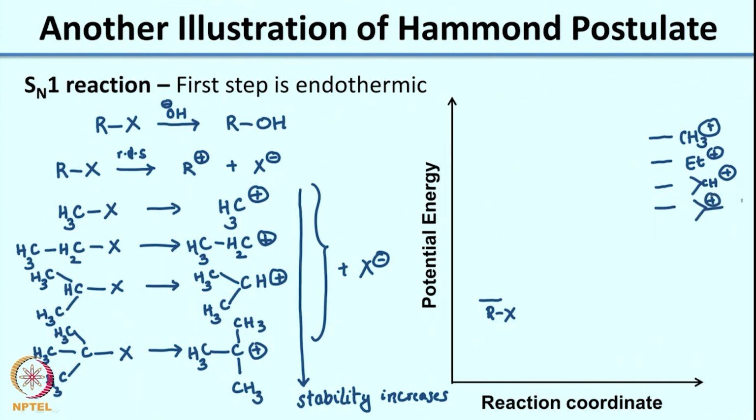So, as the energy of each of these is decreasing, the extent to which the reaction is endothermic is also decreasing, because your reactant energies do not vary as much between all of these alkyl halides. So, in one case, because the reaction is more endothermic, you would have the transition state look more like the product. In the second case, now it is less endothermic.